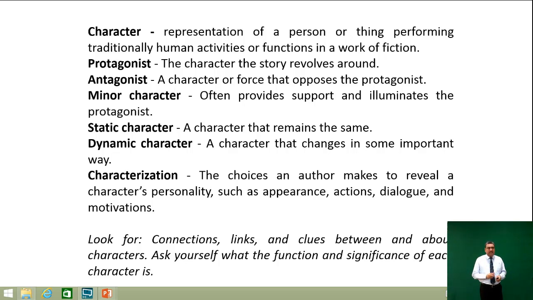For characterization, it is the choices an author makes to reveal a character's personality, such as appearance, actions, dialogue, and motivation. And students have to look for these connections all together as clues between and about characters. Ask yourself what the function and the significance of each character is.